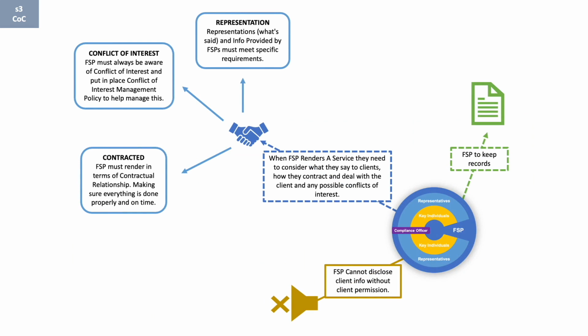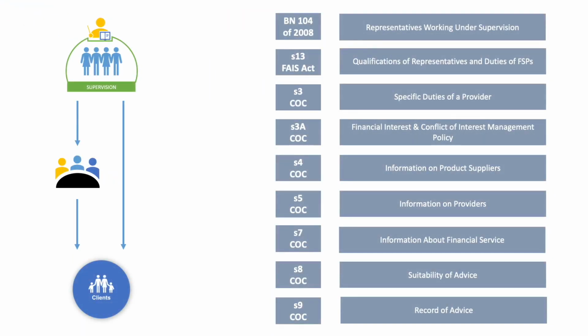So we have gone through the whole of Section 3 of the Code of Conduct, dealing with the specific duties of the FSP. Next, we will recap on Section 3A, which deals with financial interests and conflict of interest management policy.